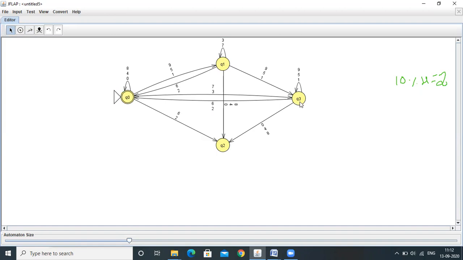On Q3, any pending things? On 951 we defined, on 048 we defined, on 62 we defined. What about 7 and 3? Q3 on 3: already 3 is there, so 33. 33 modulo 4, what is the remainder? 1.